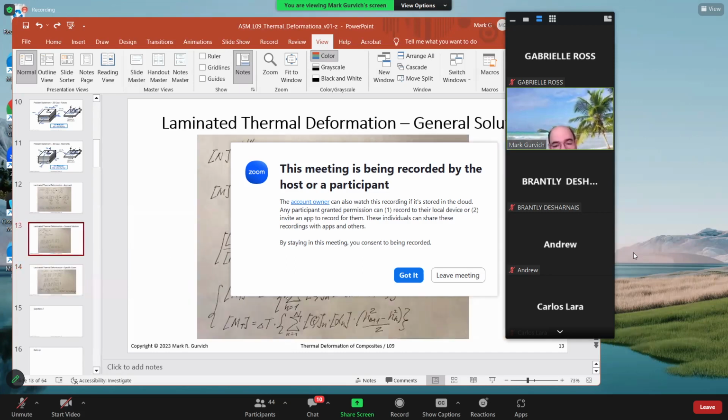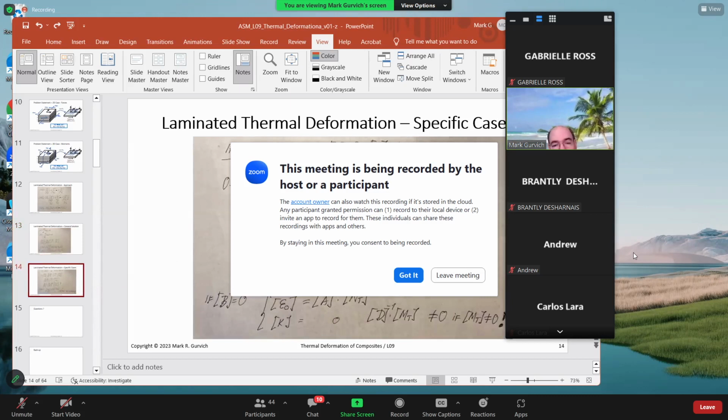Again, let's go with this equation. It's based on your laminated package. You need to know the stiffness of this package, the stiffness of each layer, the thickness of each layer, and alpha of each layer, and delta T, of course. So based on those two equations, you can calculate the components NT and MT. If you want to understand strains and bending, the deformation and curvature, you multiply the left side and right side by the inverse matrix here.